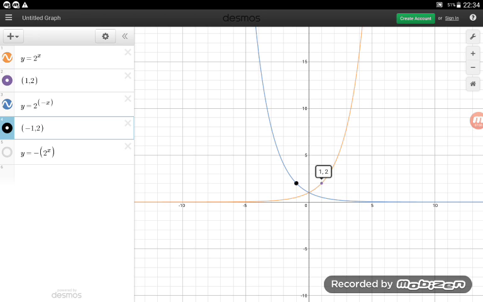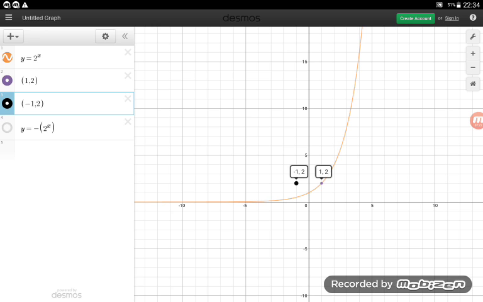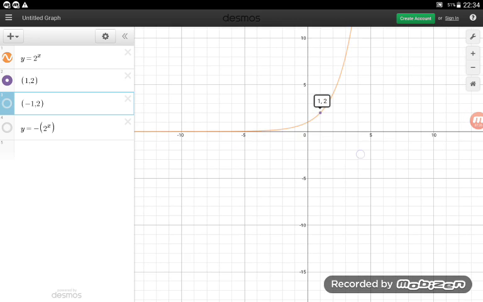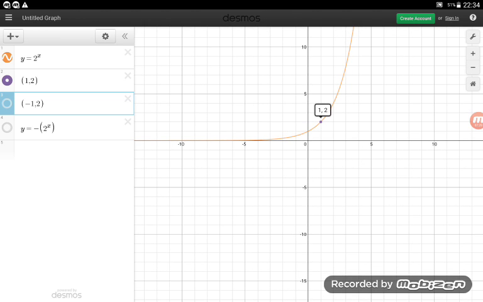Because it's a reflection across the y-axis. Now this is horizontal reflection. Let's talk about vertical reflection. In other words, I'm going to reflect this orange line across the x-axis, so I'm gonna sort of turn it upside down.